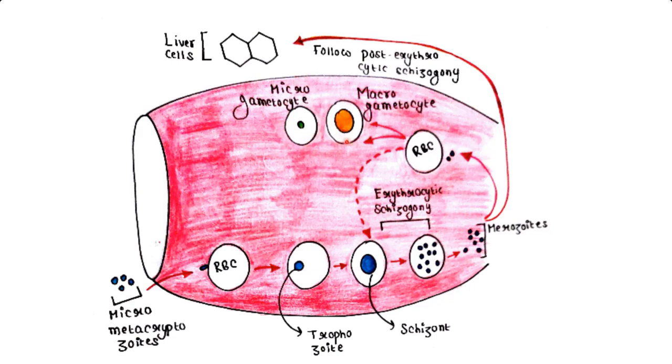Gametocytes remain in the human blood for several weeks but are unable to develop any further. It is necessary for them to be taken into the body of an Anopheles mosquito. If this does not happen, they degenerate and die. So, this is the asexual cycle that entirely occurs in the human body.